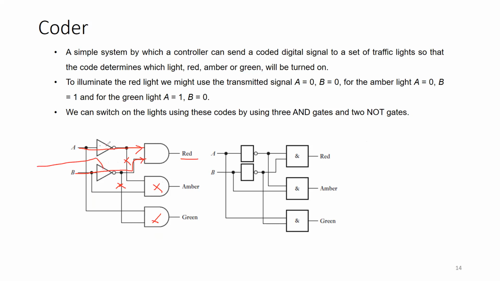We have activated both the NOT gates which are connected to a clock. And after a certain time period, if we want the amber light to glow for a very small time period, what we will do is deactivate the NOT gate present over here at B, so that B becomes 1 and A becomes 0. So instantly the light will change to amber.